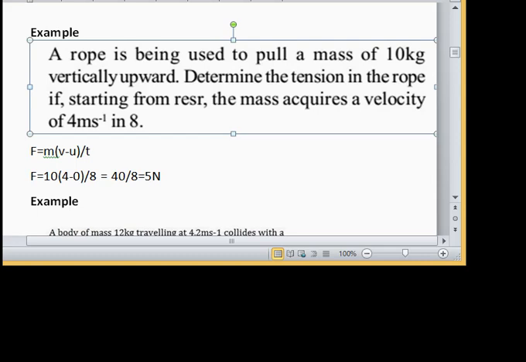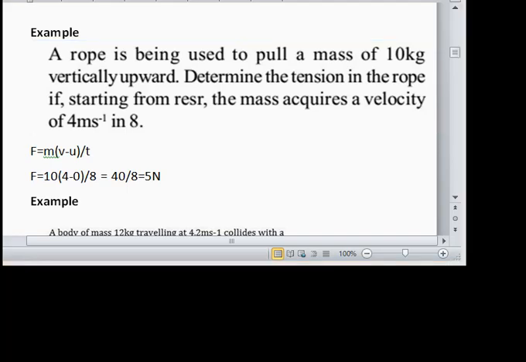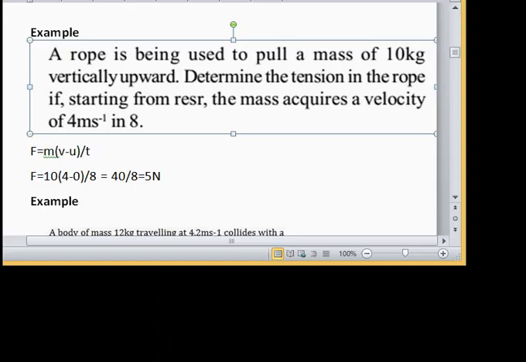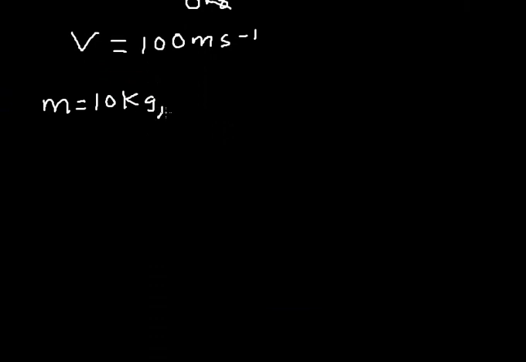Determine the tension of the rope if, starting from rest, the mass acquires a velocity of 4 meters per second in 8 seconds. So the question is to determine the tension in the rope if, starting from rest, the mass acquires a velocity.